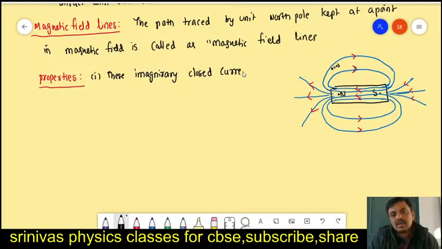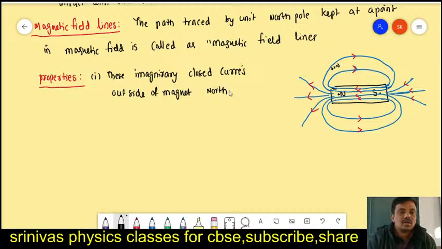How are we saying closed? Because outside they go from north to south, and inside they go from south to north. That means this is a closed curve, right? Outside of the magnet, these lines start at north and end at the south.